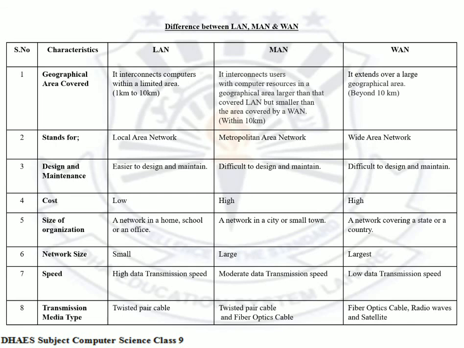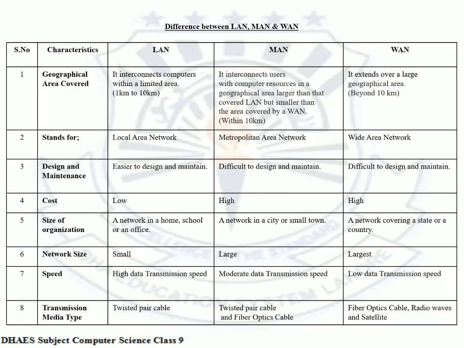LAN, it interconnects computers within a limited area 1 kilometer to 10 kilometer. MAN, it interconnects user with computer resources in a geographical area larger than that covered by LAN but smaller than the area covered by a WAN within 10 kilometers. WAN, it extends over a large geographical area beyond 10 kilometer.